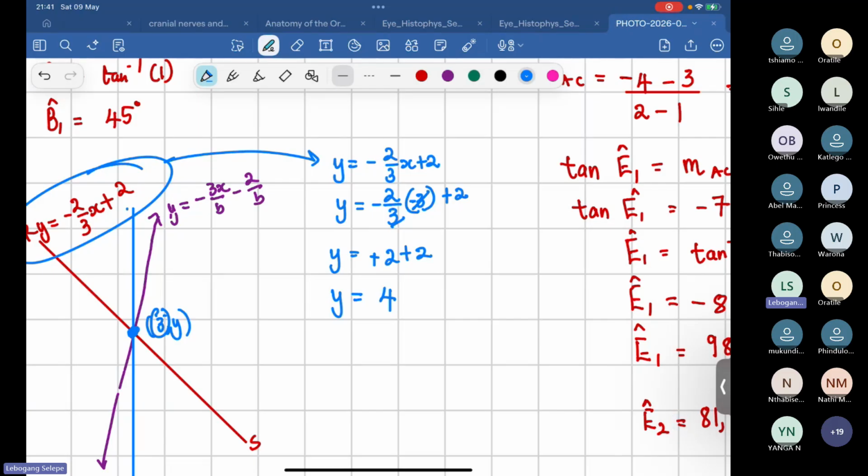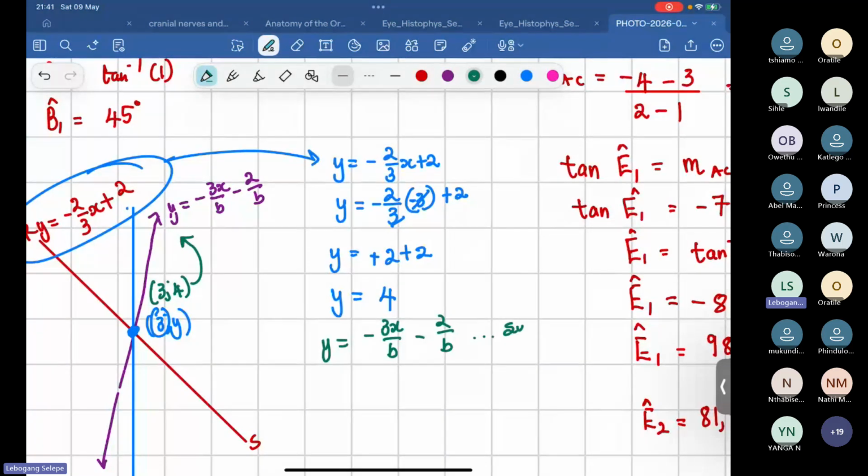So therefore now we know that this point right here is (-3, 4). Right. So if we now know that point, we can substitute it into this equation in order to solve for b, right? So we can say that y is equal to negative 3x over b minus 2 over b. That's the equation.